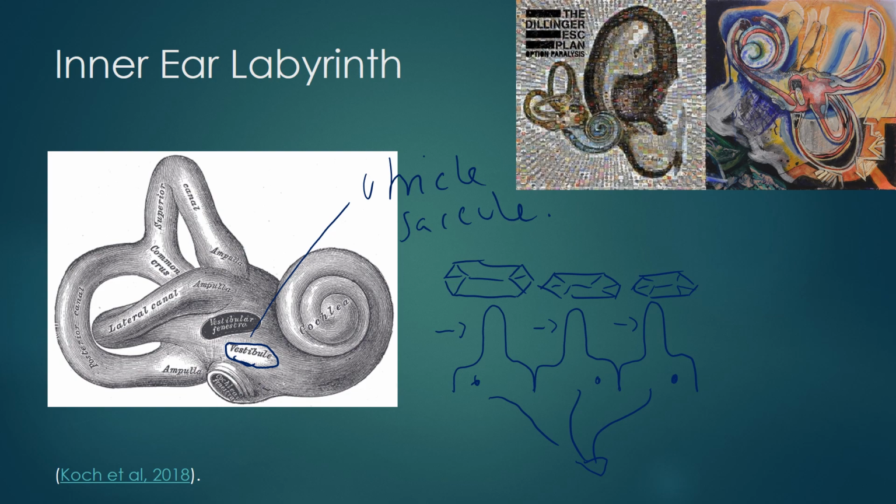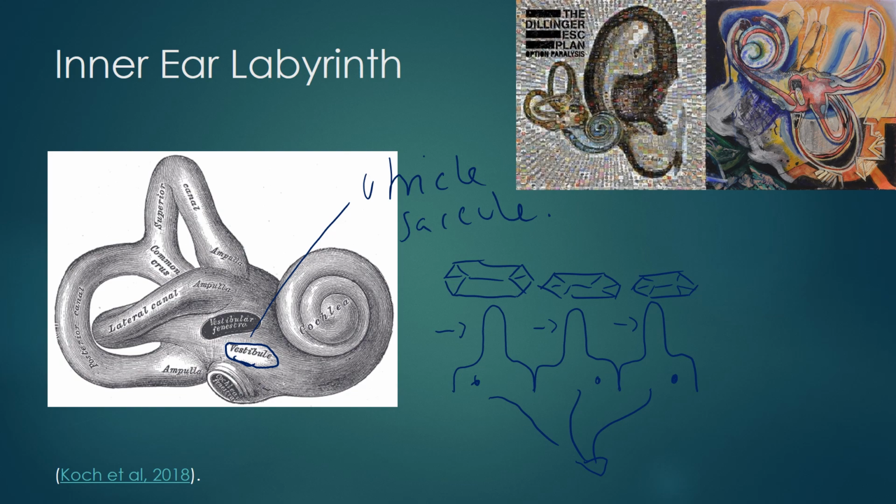Now, where this becomes clinically significant is if these calcium carbonate crystals become dislodged, and they find their way into one of the semicircular canals. That can happen due to people being spun round really quickly, such as on fairground rides, or if they've had a bump to the head, or sometimes it can just be idiopathic.